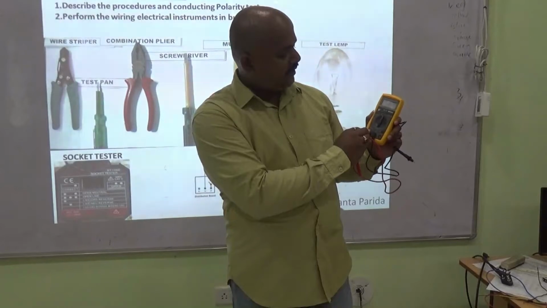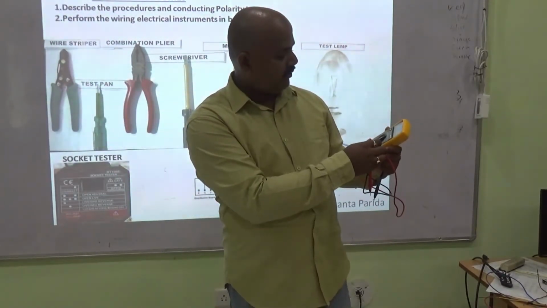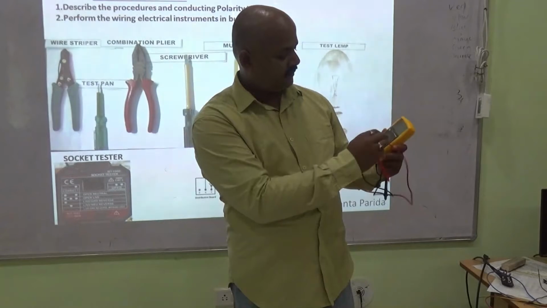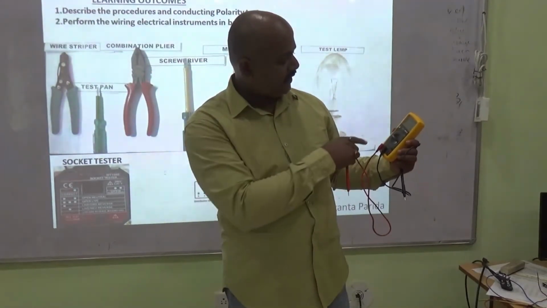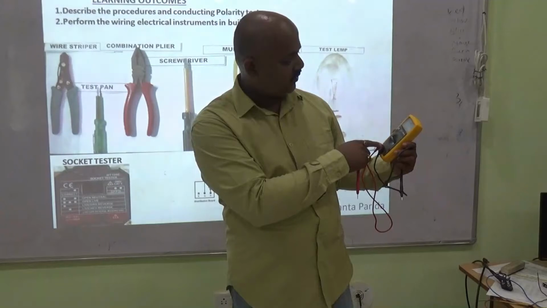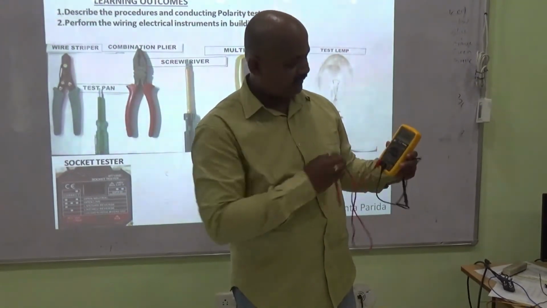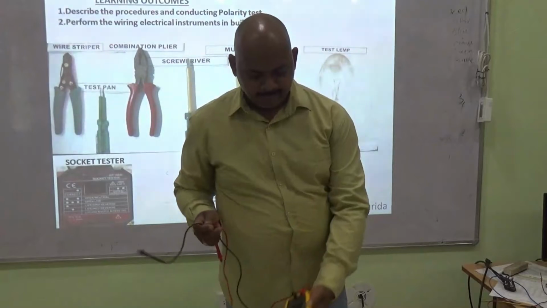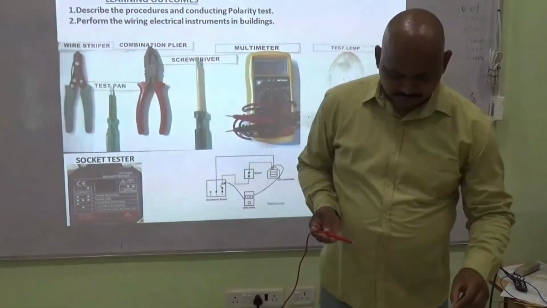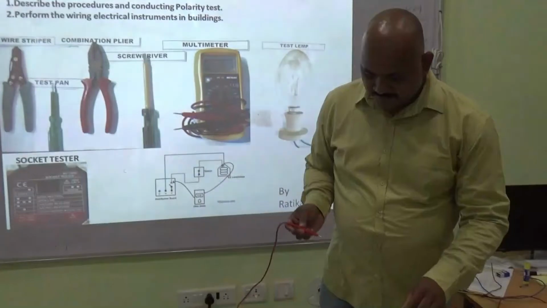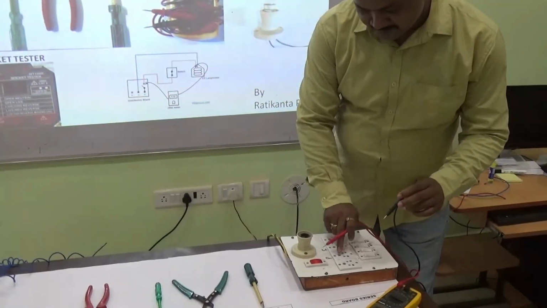We can put it in 10 ampere, so we can determine the voltage. We can put it in 750 or 250. We can put it at 750. Suppose this is the phase and this is neutral and this is earth.